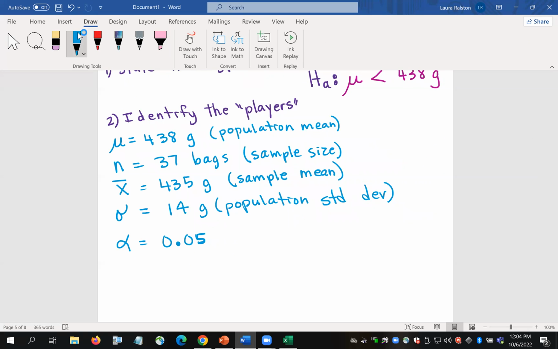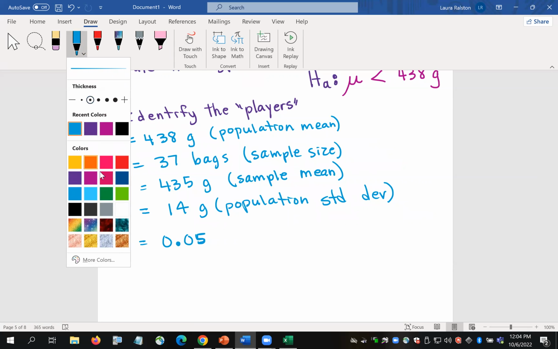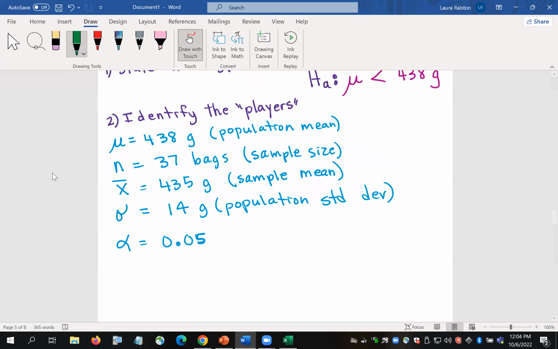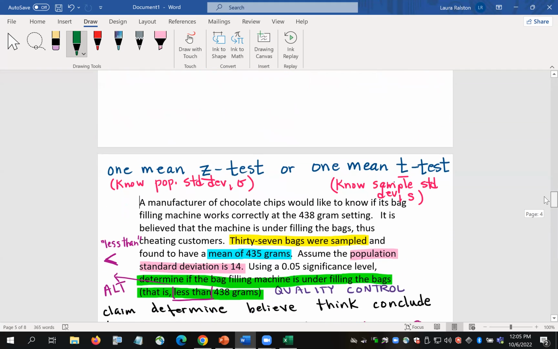Now, the level of significance here is 0.05. If my level of significance is 0.05 or 5%, remember that means that my confidence level is 95%. Remember the two are connected together and they have to total to 1. Now again, the order in which we list those doesn't matter. I kind of listed them in the order in which I found them in the problem.